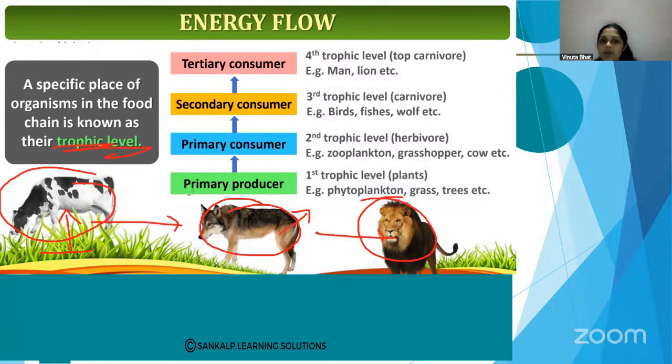So the primary producer is always in the first trophic level, and the primary consumers, cow, herbivores, are always in the second trophic level, then the third, and the next one is the fourth trophic level. These different levels in the food chain are called the trophic levels.